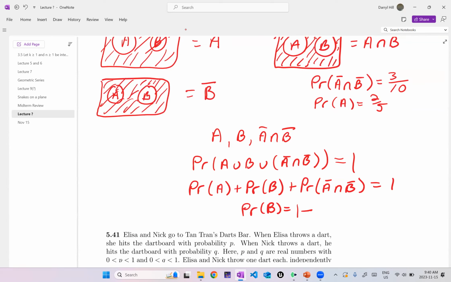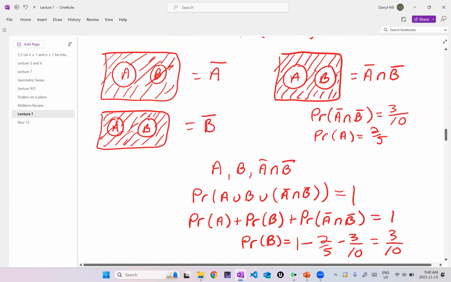So I get 1 minus 2/5 minus 3/10. And what is that? So I think that's 3/10. If my grade school math is correct, which it often is not.